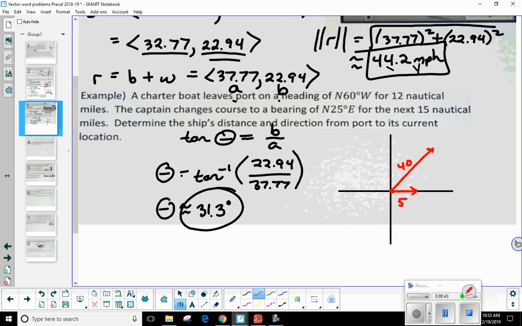Well, if you were going to do this graphically, remember, this one isn't already set up, so I'd have to move one of the vectors so that they connect how? Has to be what? Can I go terminal to terminal? Nope, it has to be terminal to initial. So let's say that I go ahead and move this wind vector up here, so its initial is at the terminal of the ball. So right here.